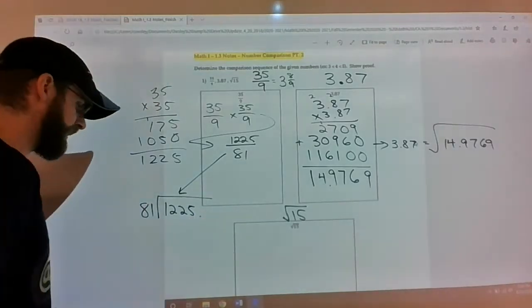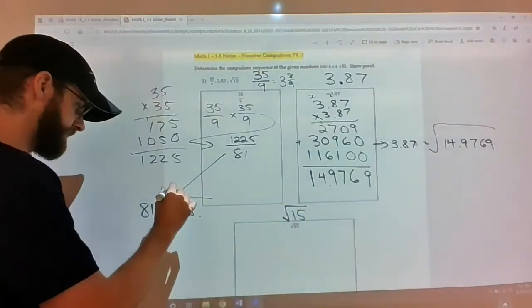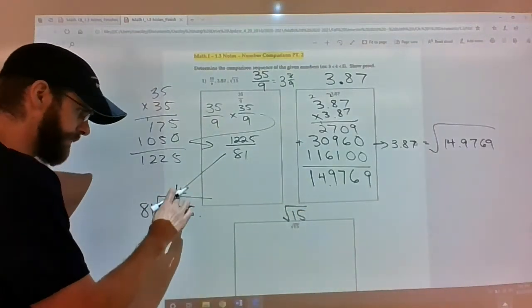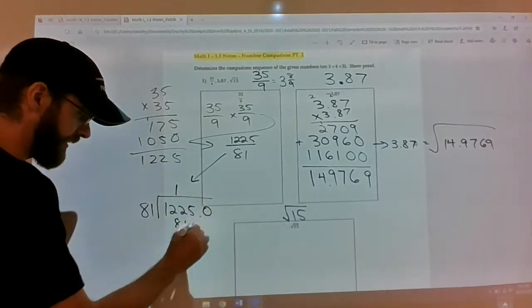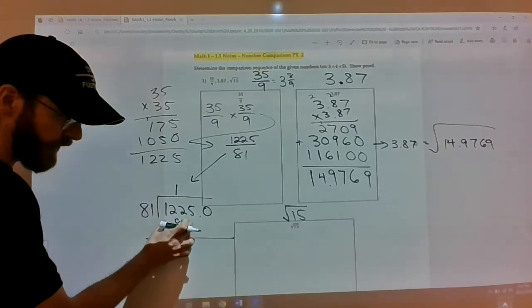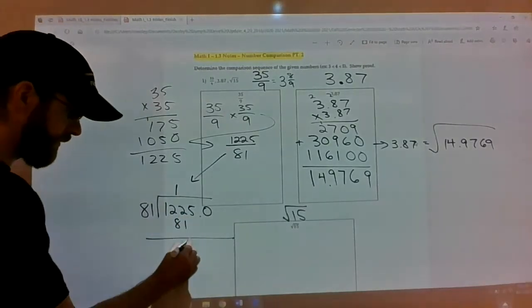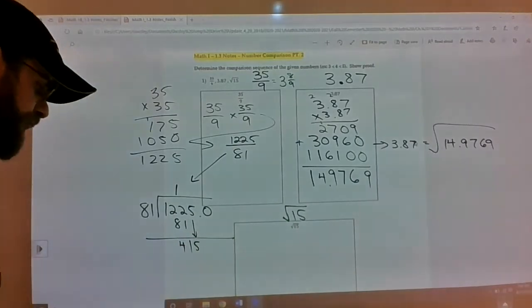Well, it's a pretty safe bet to say that it's at least 10. And that makes sense. So multiply by 81. So 1 times 81 is 81 under the 122, dropping a 5. 81 goes into 415.